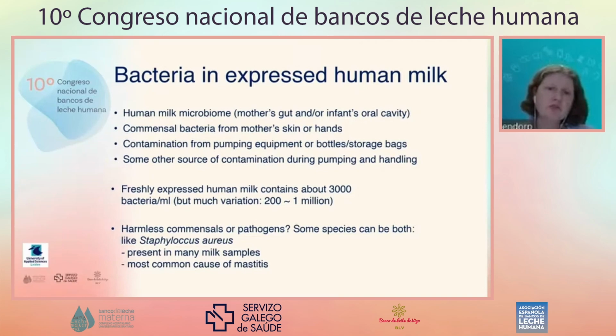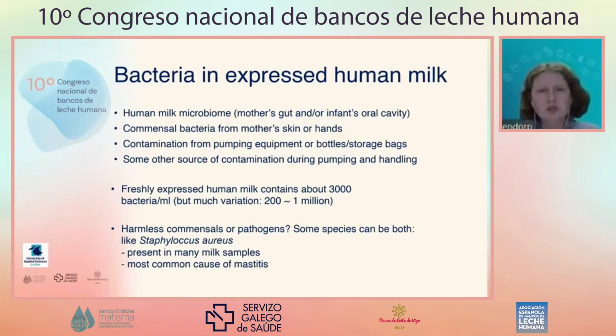Freshly expressed human milk contains about 3,000 bacteria per milliliter, but there's a lot of variation. There will be milk samples that don't contain any bacteria, or they can contain even 1 million per milliliter. Most of them are just harmless commensals, but there can also be pathogens, so bacteria that cause disease.